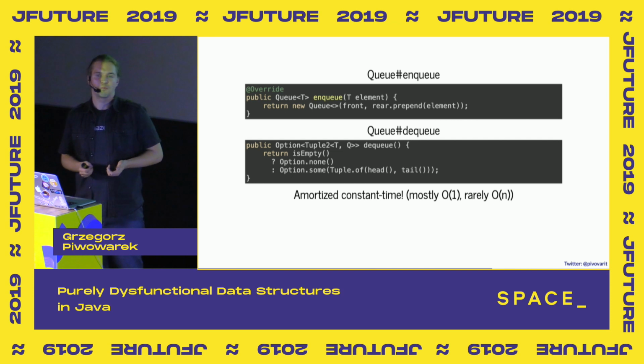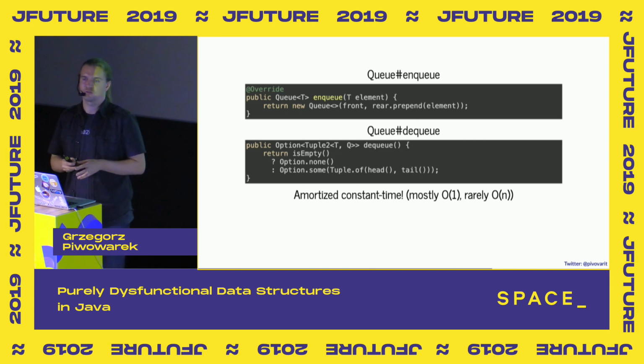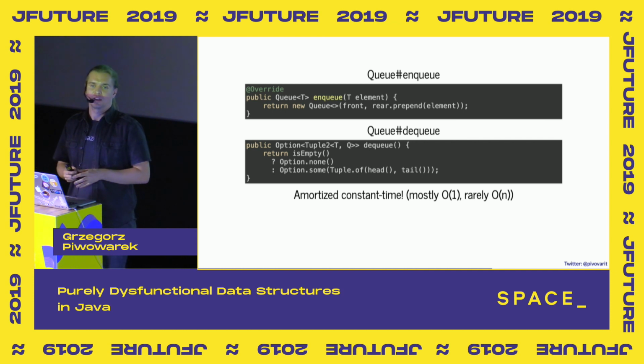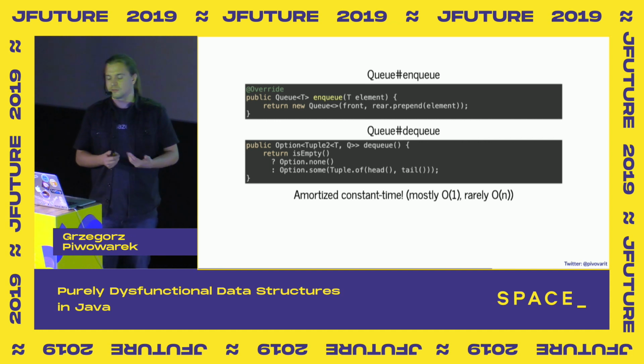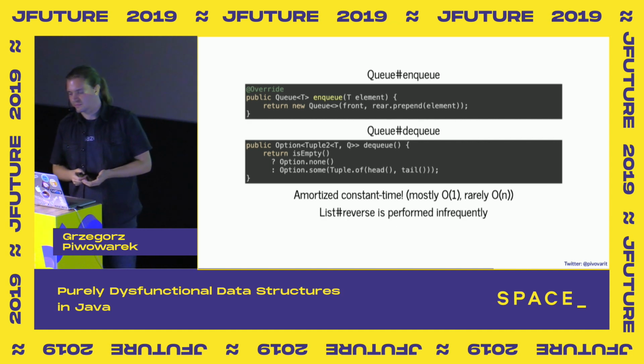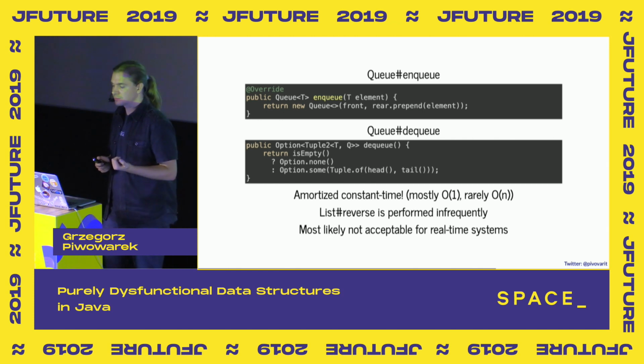So using some form of black math, you could prove that this is amortized constant time, that the cost of the linear time reverse can be distributed over the common case, which is constant time. But at the end of the day, you need to remember that this is mostly not acceptable for real-time systems, but still an improvement over what we had at the beginning.